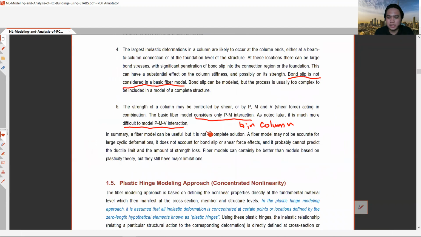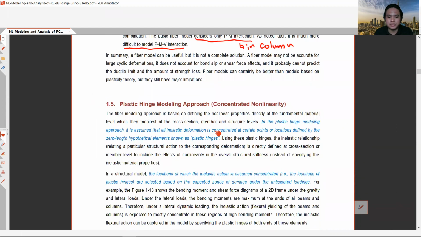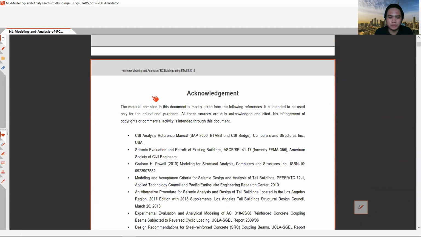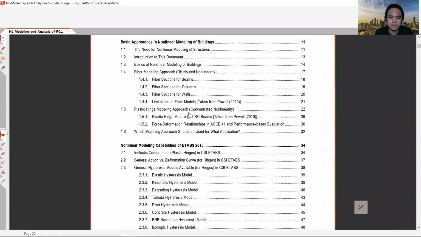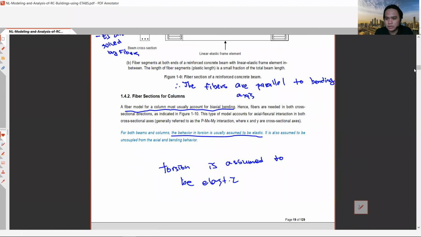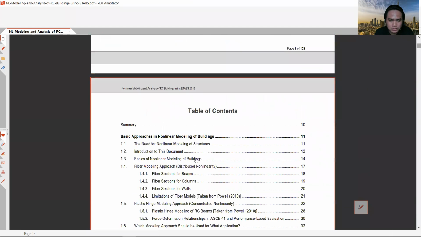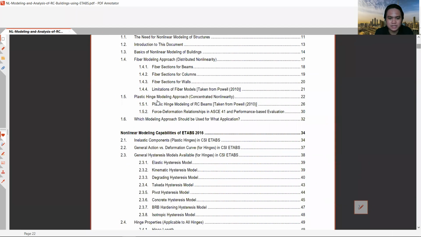So today, doon naman tayo for the plastic hinge modeling approach. Okay, so for the plastic hinge modeling approach, subdivided siya into two parts. Okay, so chapter 1.5, the plastic hinge modeling.